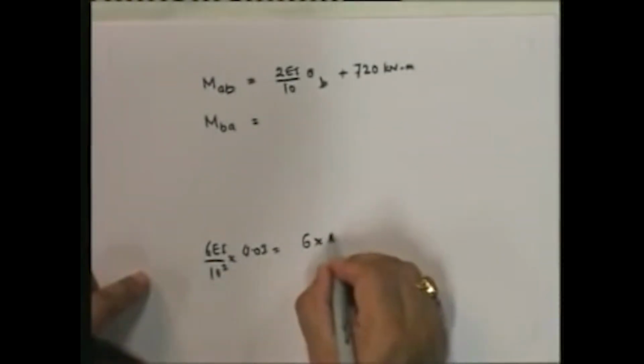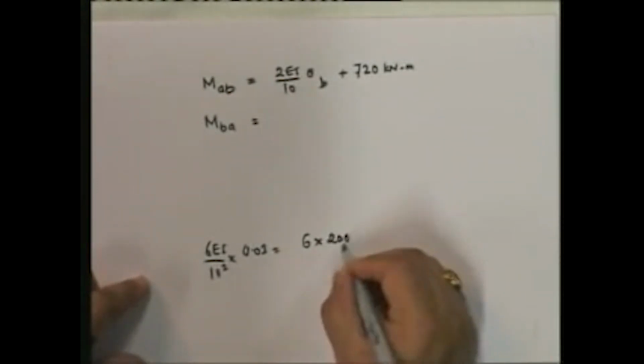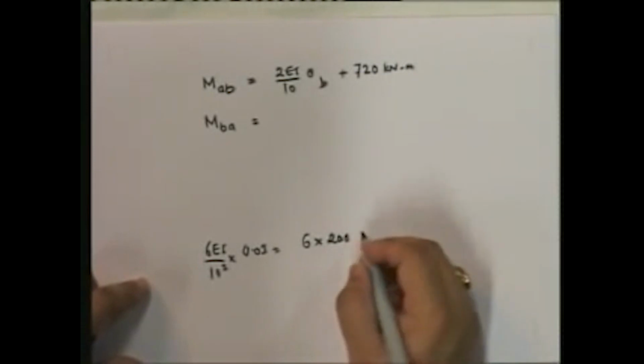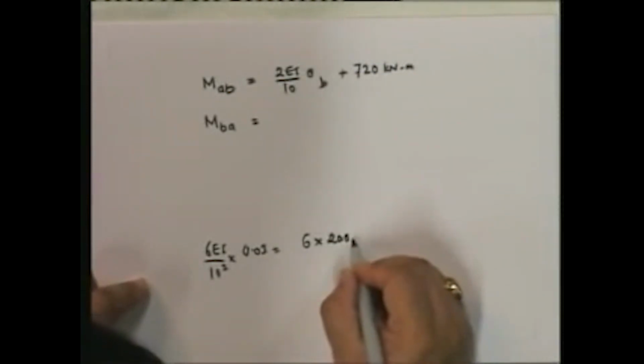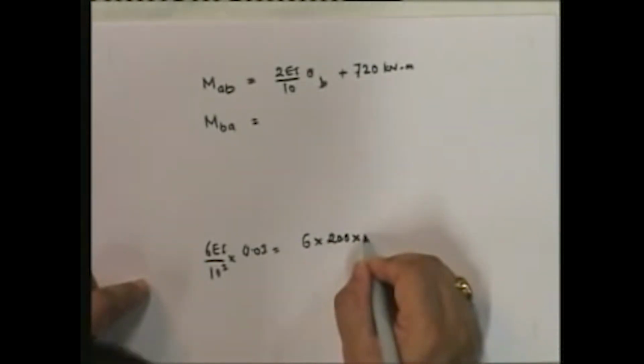So EI is 200 GPa, which if you write in kilonewton, note that everything is in kilonewton, 200 GPa is equal to 200 into 10 to the power of 9 Newton per meter squared.